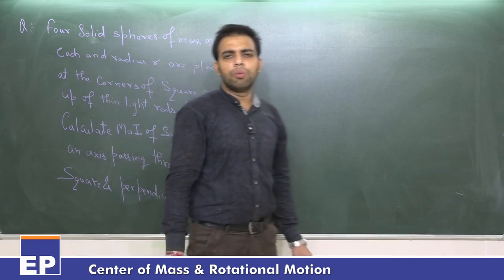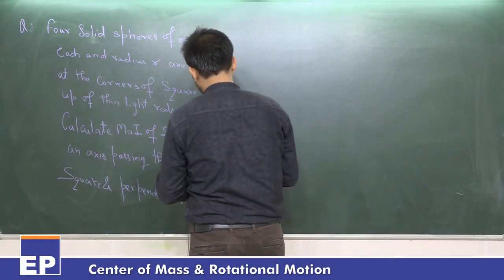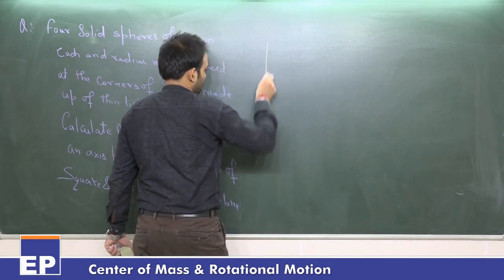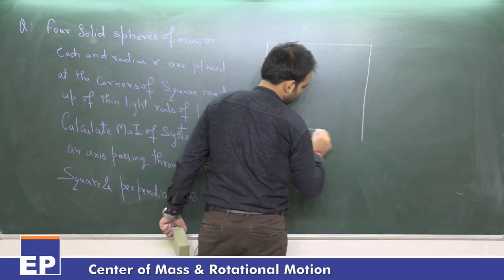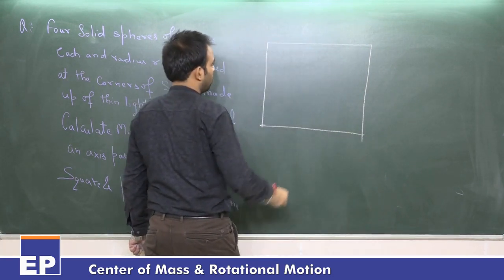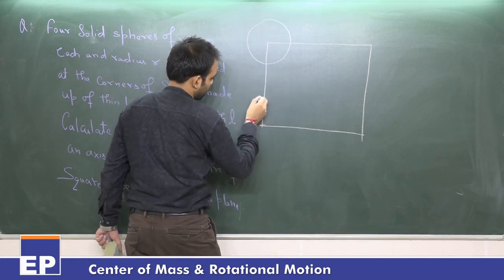So we have to calculate the moment of inertia for the given system that now I am drawing. This is a square and at the corners हमारे पास यहाँ पर एक small m masses रखे हैं spheres.